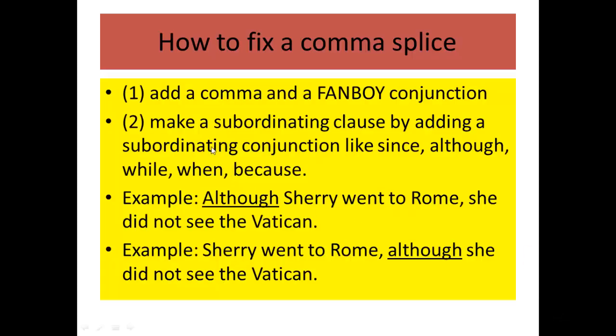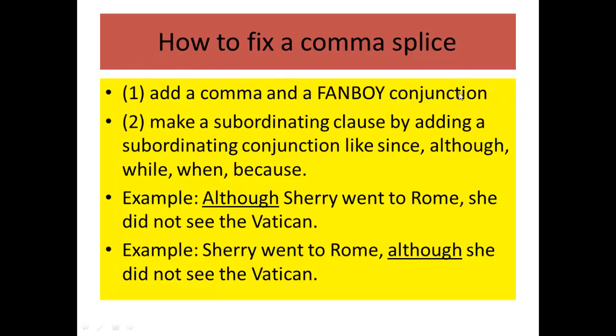Now, let's talk about how you can fix a comma splice. I've already explained one way to do this, and this is to add a comma and a fanboy conjunction. Remember that fanboy stands for the conjunctions for, and, nor, but, or, yet. Any of those. This is the easiest way to avoid this mistake.